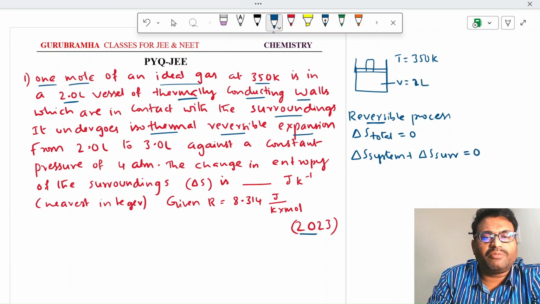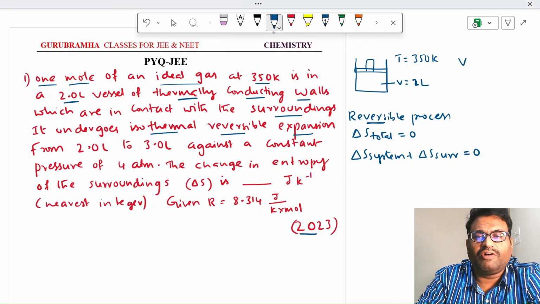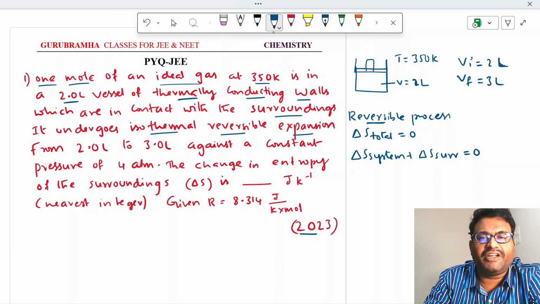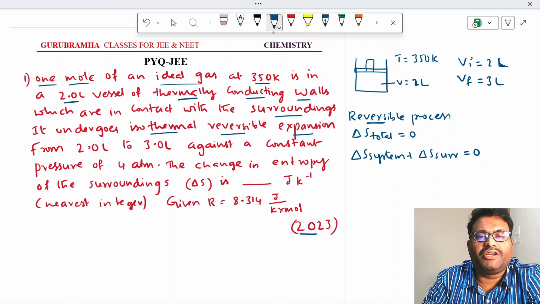It undergoes isothermal reversible expansion from 2 liters to 3 liters. So volume initial is equal to 2 liters, volume final is equal to 3 liters. When it expands, the volume increases. If the volume increases, there will be more space between the molecules, so the molecules move randomly.